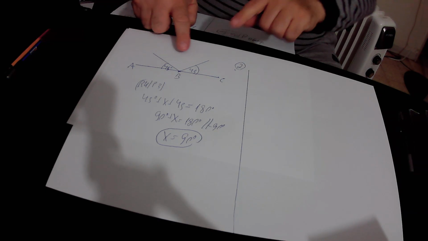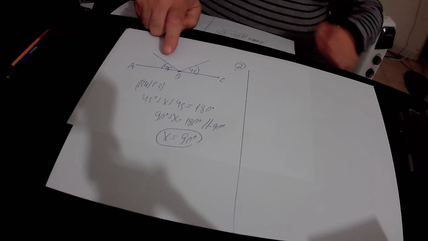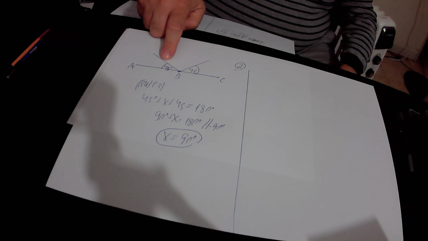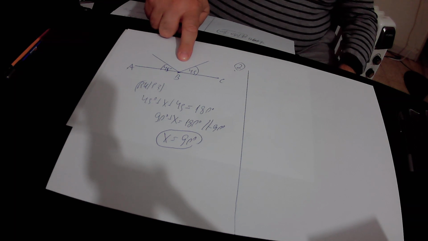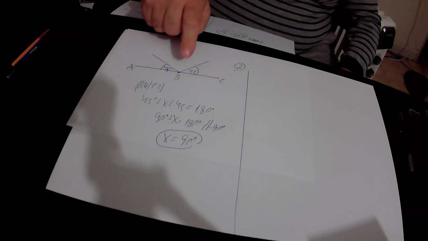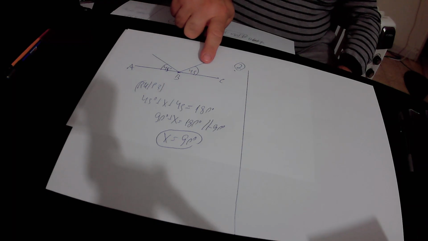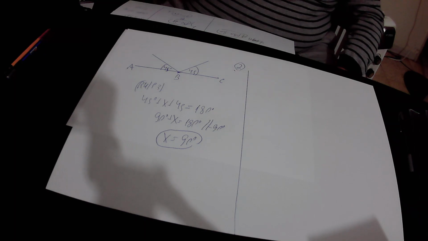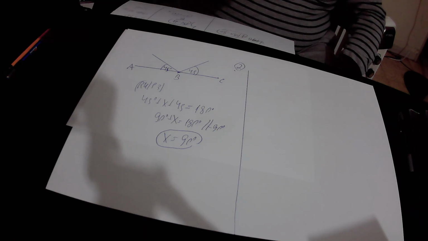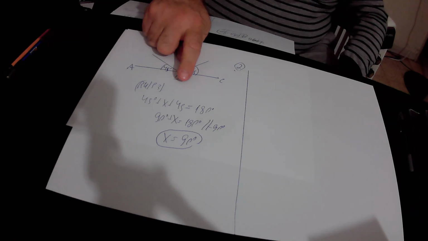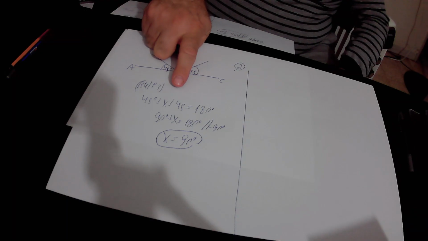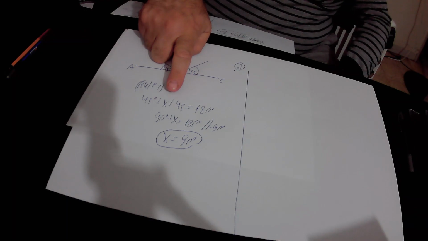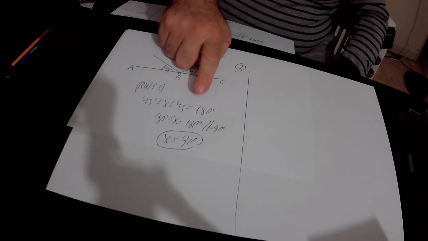So which angles do we have at the upper side of AC at point B? We have this angle that is equal to 45 degrees, plus this missing angle that we defined as angle x, plus this angle that is equal to 45 degrees. In total, the sum of those three angles must be equal to 180 degrees according to rule number 3. So 45 degrees plus 45 degrees is 90 degrees. We have 90 degrees plus x equal to 180 degrees.